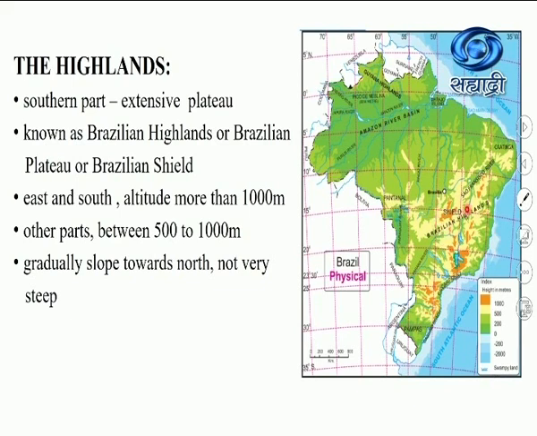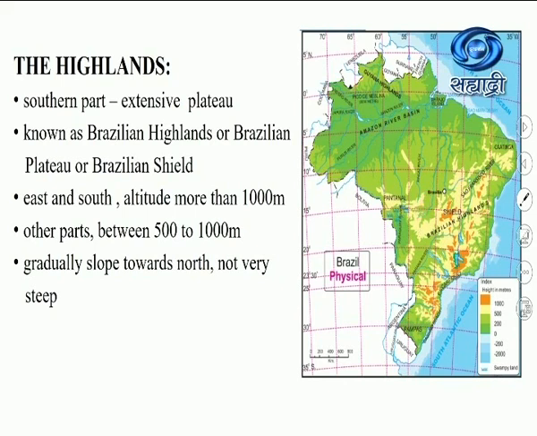or Brazilian shield. Now towards its east and south, the altitude is more than 1000 meters. So towards the east and towards the south of the Brazilian highlands, the altitude of the highland is around 1000 meters or at times it is more than 1000 meters.